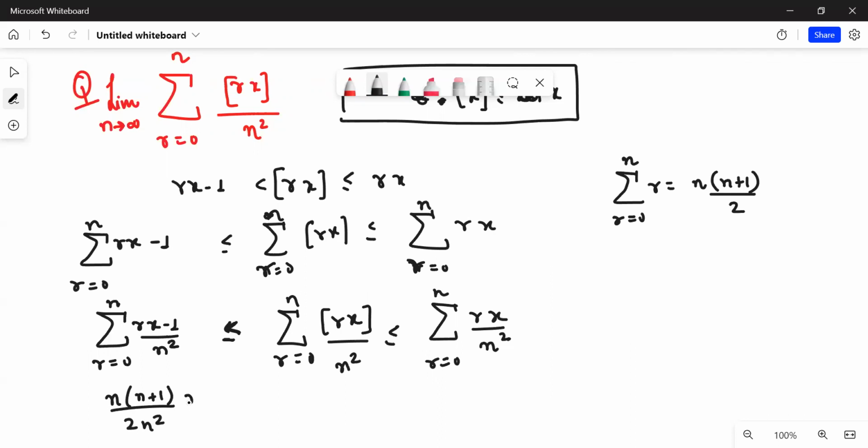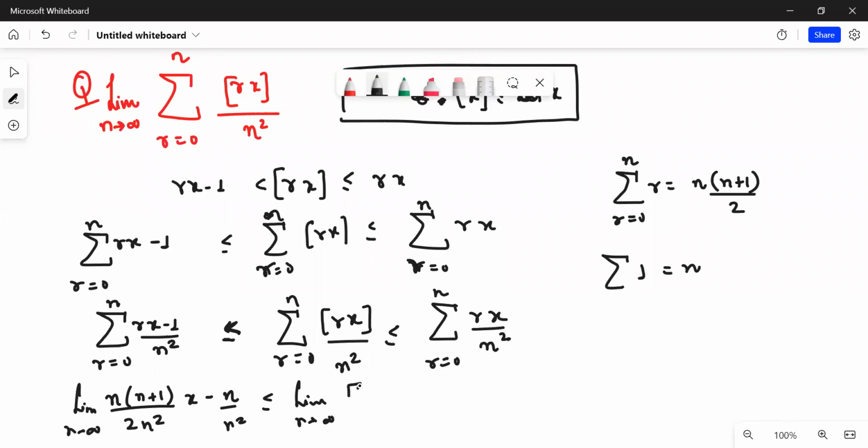And there would be an n square, and there is x minus this 1 upon n square, because there is a sum over 1. If 1 is summed n times, it will give you n only. So this will be n upon n square here, and this is the limit we want to find. So I'll take limit n tends to infinity on both of the sides.